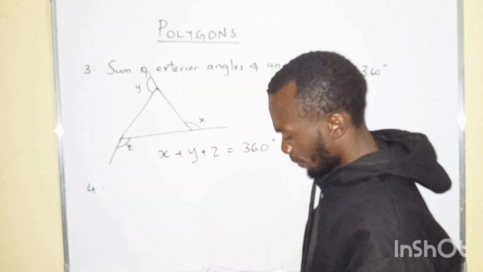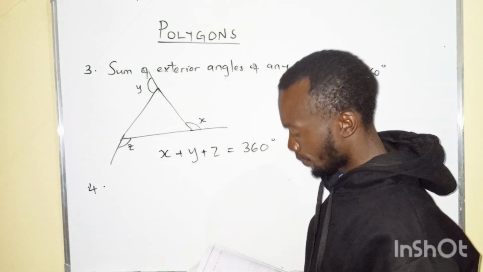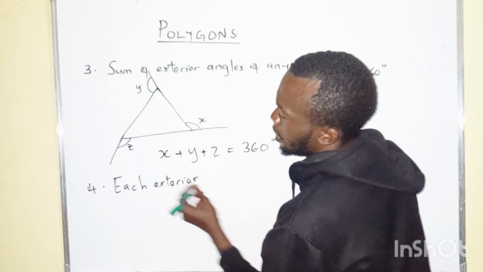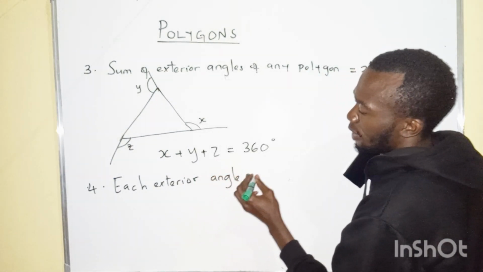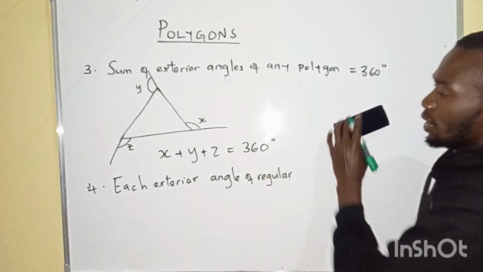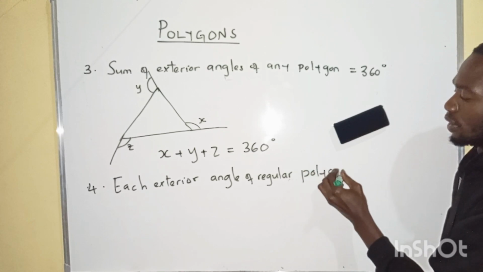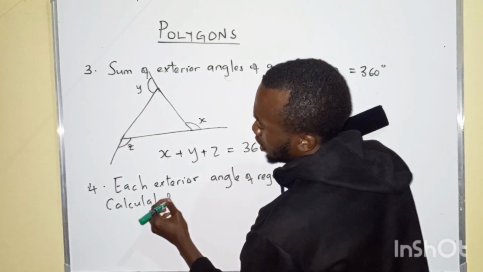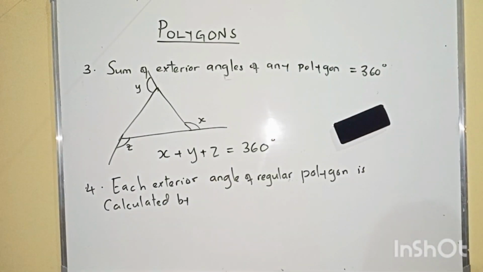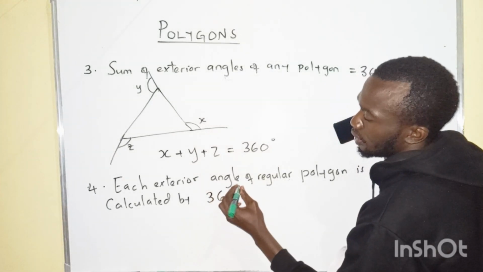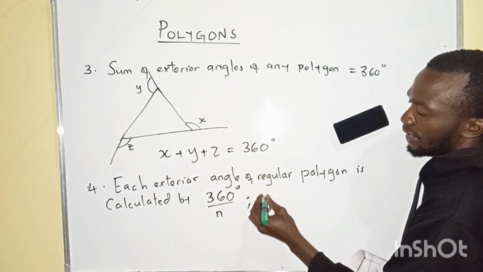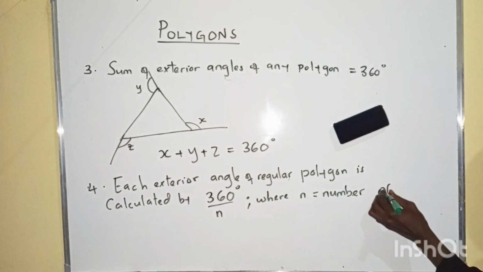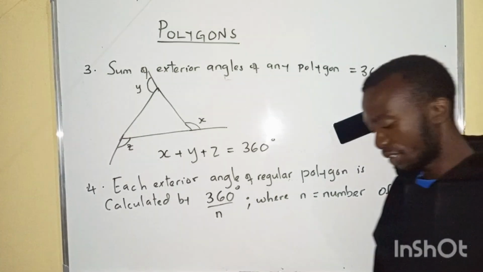When you have a regular polygon and you want to know the exterior angle, each exterior angle of a regular polygon is calculated by the formula 360 degrees over n, where n is equal to the number of sides. So n will always be the number of sides.